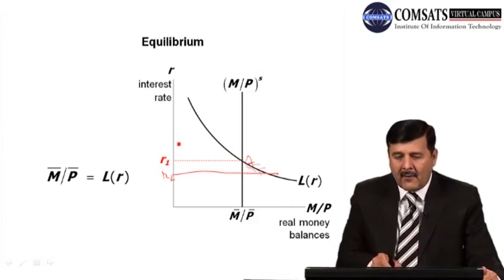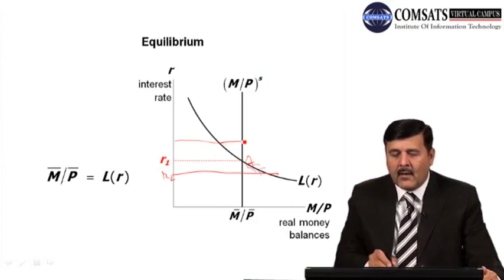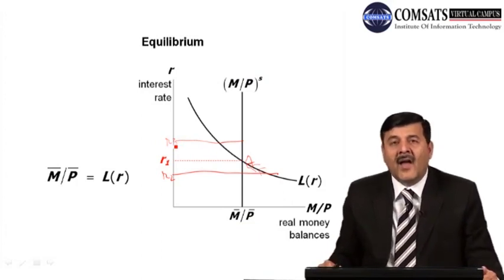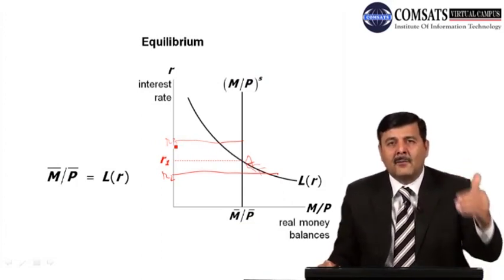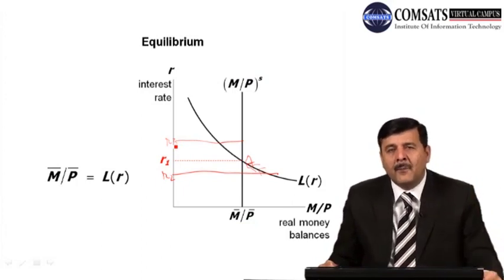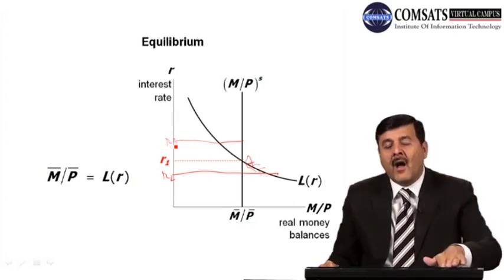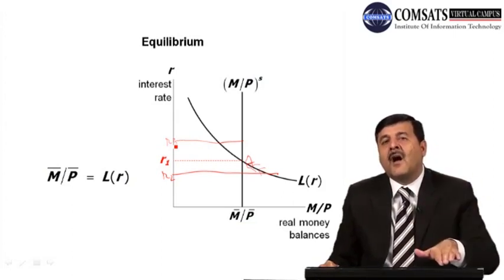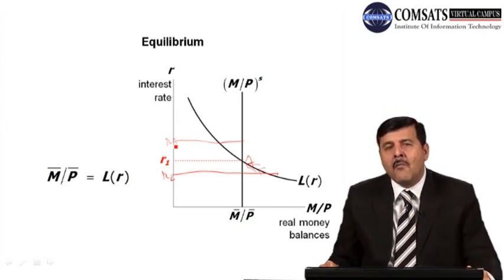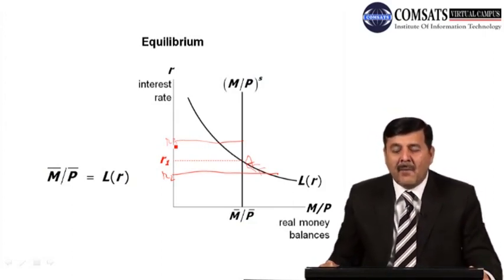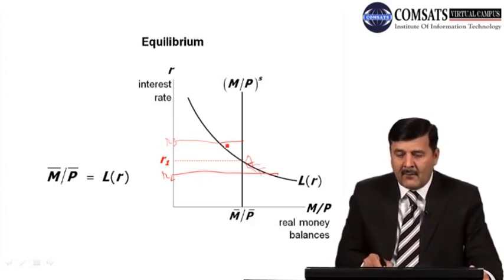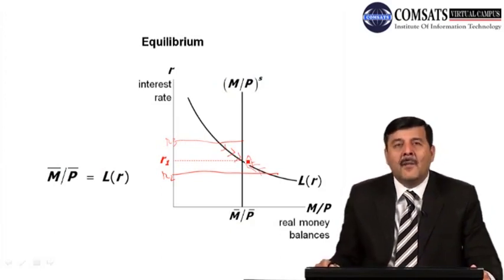Similarly, if we have a point above this R1, suppose it is R3. Now what is happening at R3? The supply of money is more than the demand for money. Demand for money is less, supply of money is more, so the rate of interest starts coming down. When the rate of interest comes down, people will try to demand more money instead of depositing their money with the banks, and the market will move towards the equilibrium point A, where demand for money is equal to the supply of money.